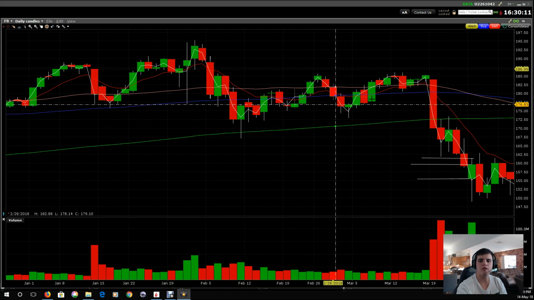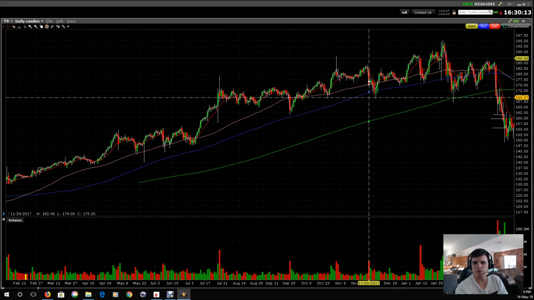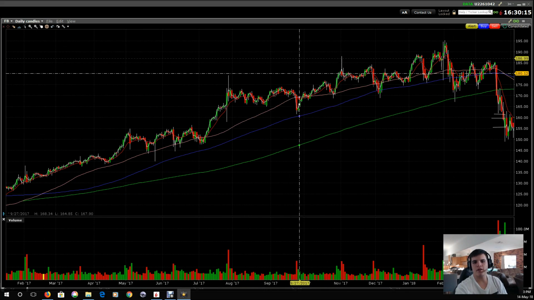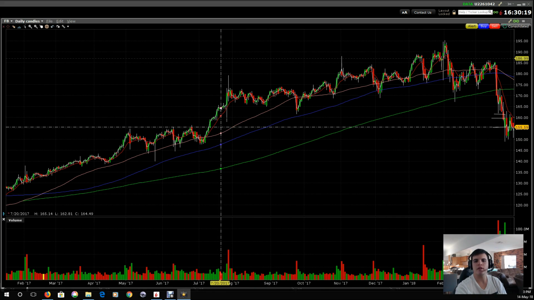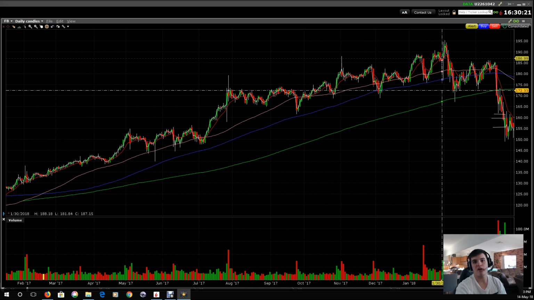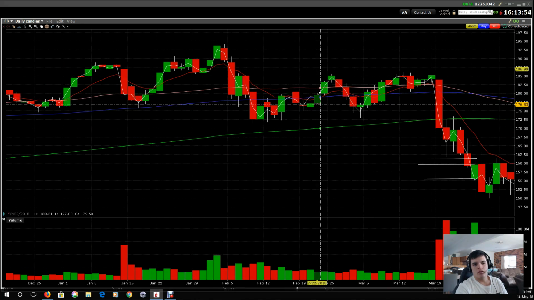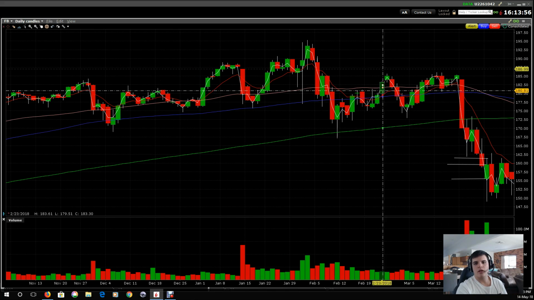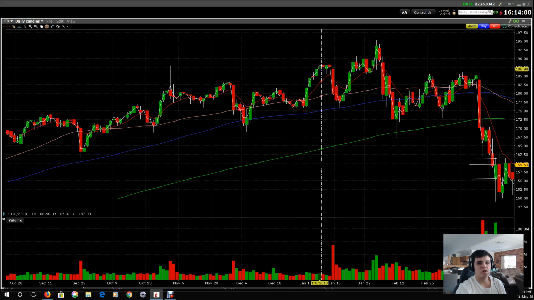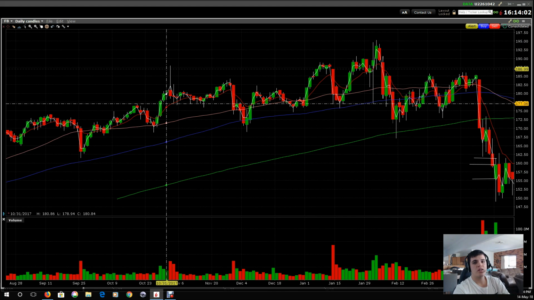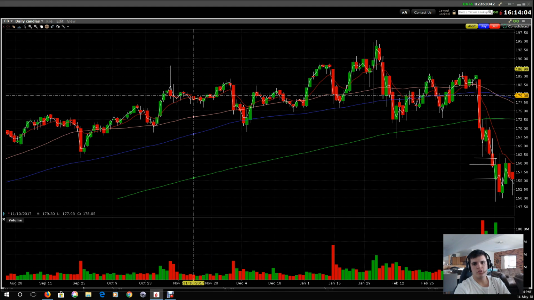Now when you look at a chart zoomed out, you can see all the green means the value of the company went up on the day, and all the red means the value of the company dropped on the day. So that's what candlesticks are, and the reason why you want to use candlesticks over a line chart is you can actually visualize how the stock moved on a particular day or time period.